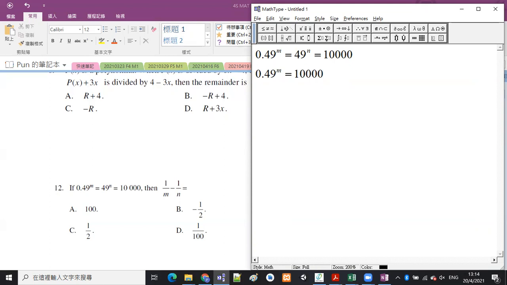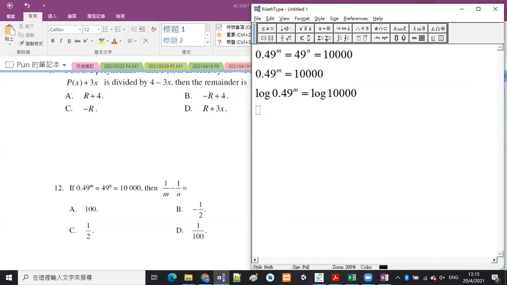Okay, and then because I want m to be the subject, so I take log on both sides. Log 0.49 to the power m is equal to log 10,000. Okay, I use the common log, that is the log of base 10 this time. Because I realized that the 10,000 is actually a power of 10 to the power 4, right?